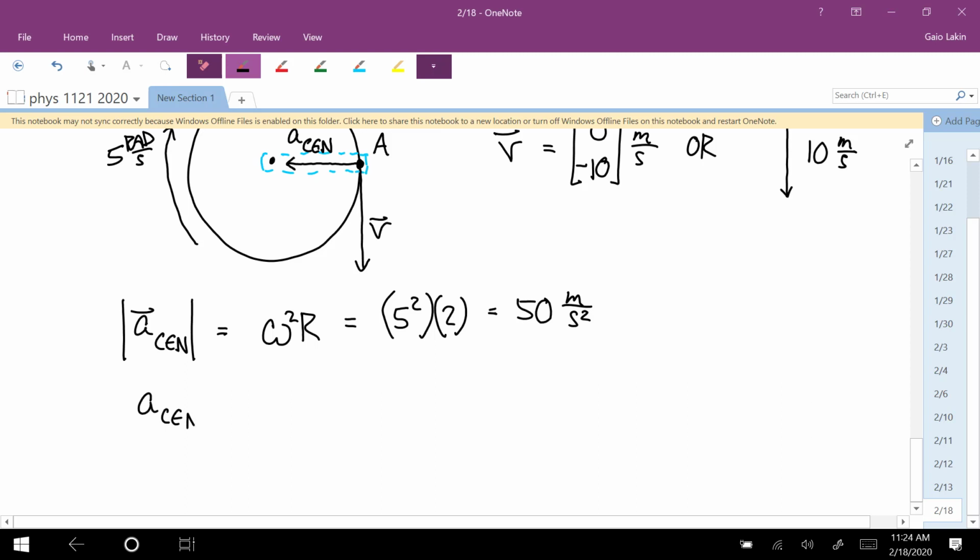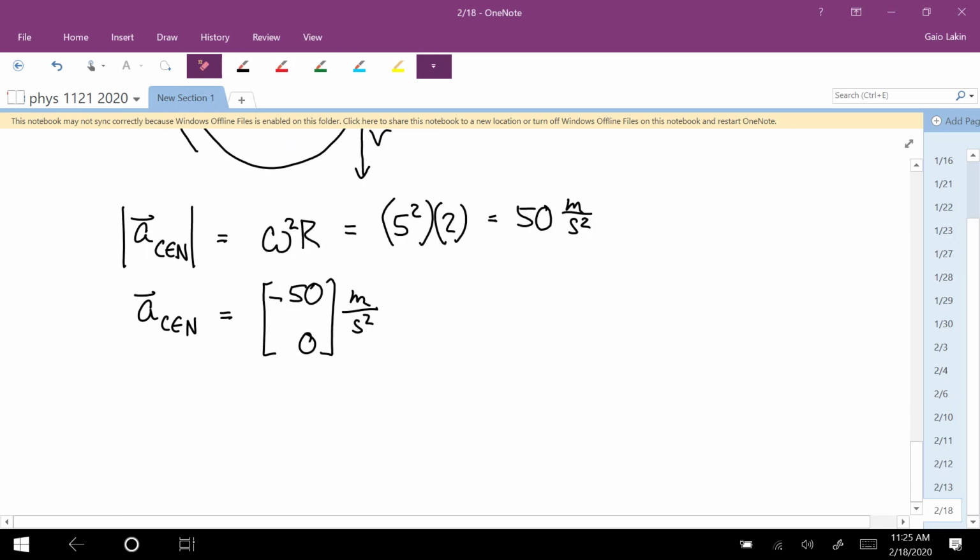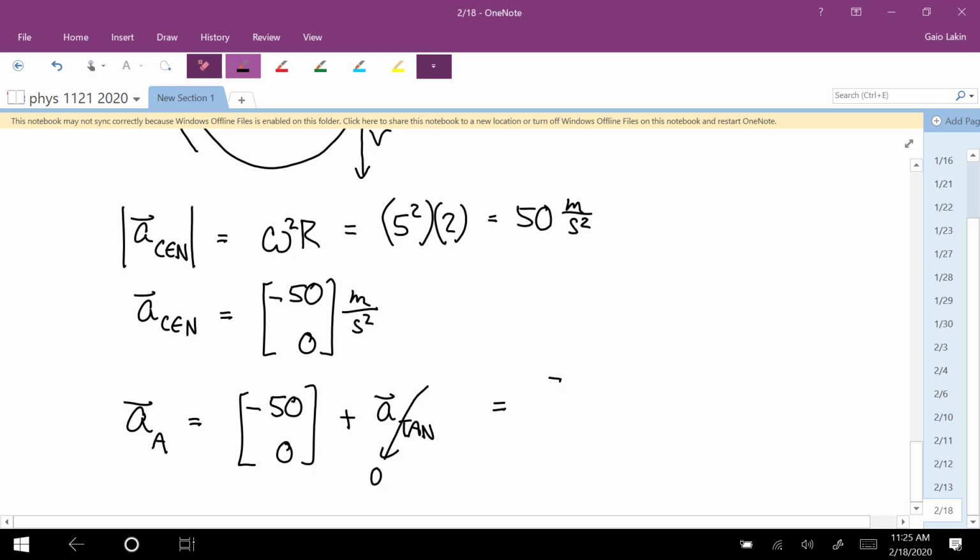So the centripetal acceleration vector is in the negative x direction. We figured that out at first. So this is negative 50, 0. And that means that the total acceleration of A is negative 50, 0, plus the tangential acceleration, which was 0. So negative 50, 0.